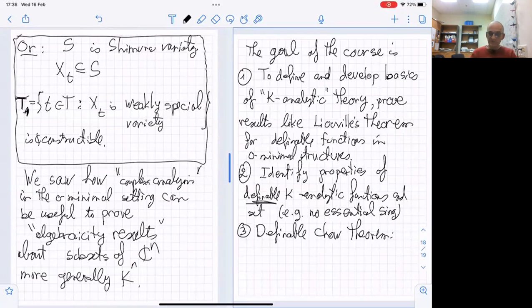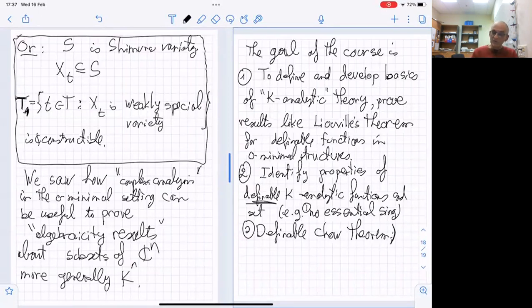So this is part of 2, special properties of K-analytic sets. No essential singularity is one; the definable Chow theorem can be a manifestation of the fact that there are no essential singularities. It's part of the same feature of o-minimal structures.